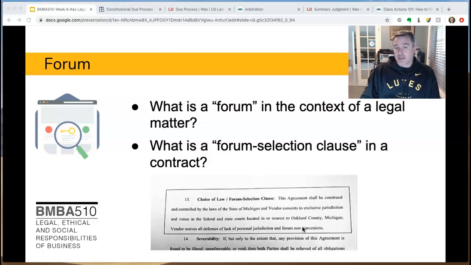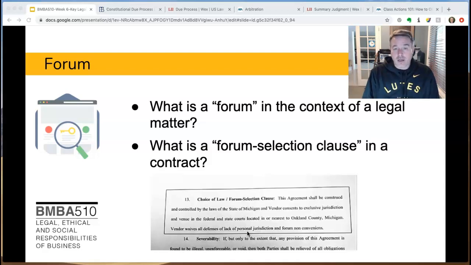If you sign this contract, the laws of the state of Michigan apply, and any dispute involving this contract would have to be in Oakland County, Michigan, in either federal or state court. The vendor, whoever is doing business with this company, is waiving any argument that they don't have enough connection with the state to be sued there, basically authorizing the other side to sue them there.